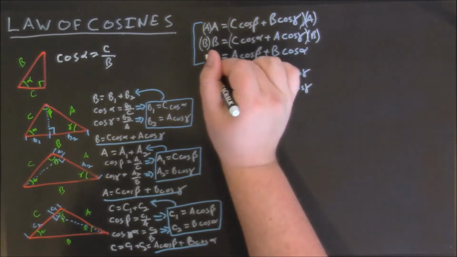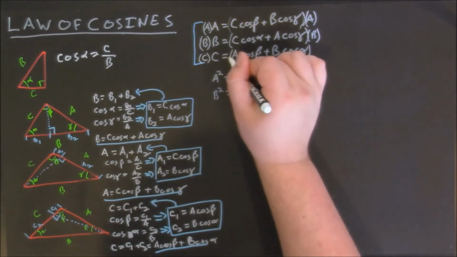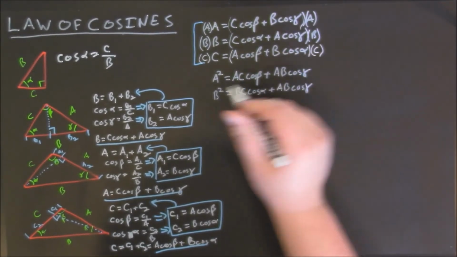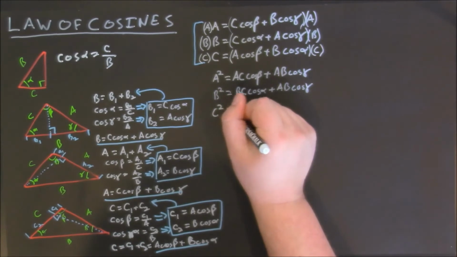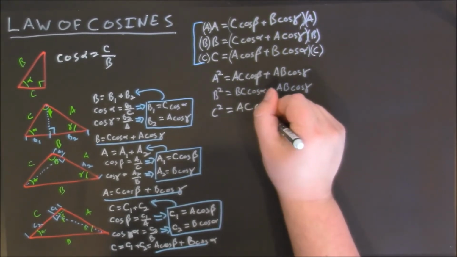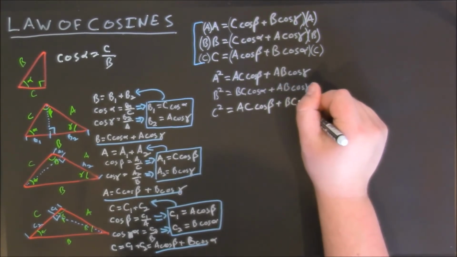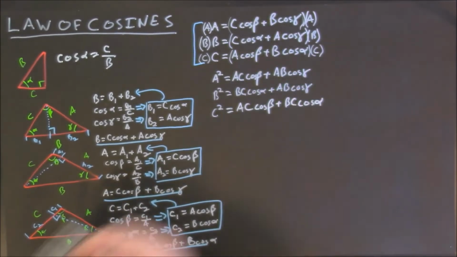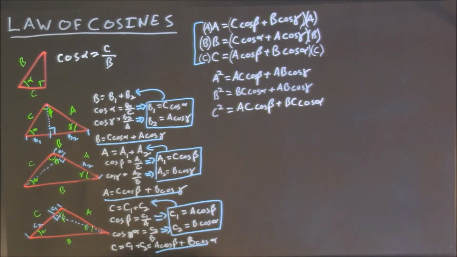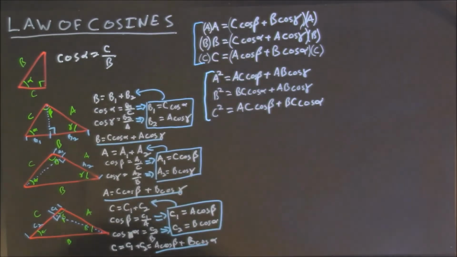And repeating the same procedure with C, multiply both sides by C, we get that C squared is equal to AC cosine beta plus BC cosine alpha. So now we have three new equations, and all we did was some very simple math to the original equations.